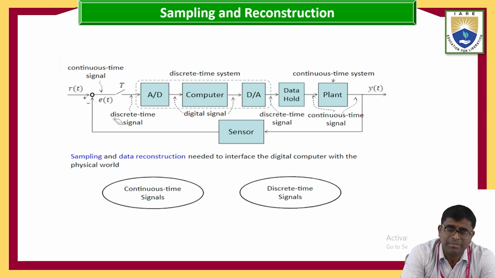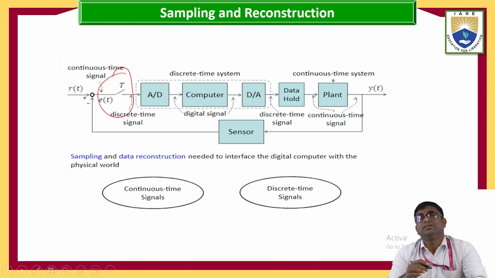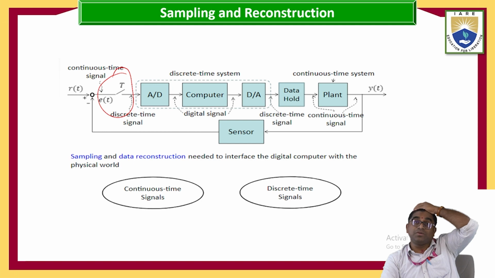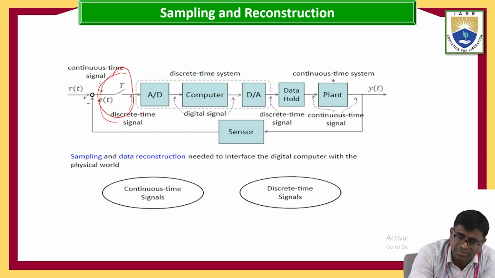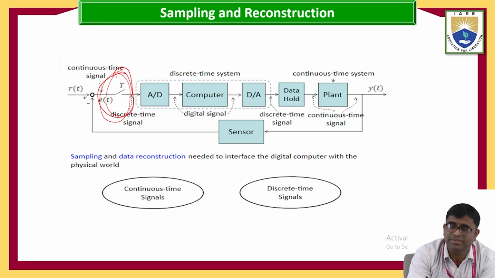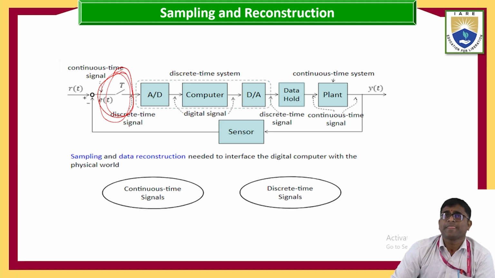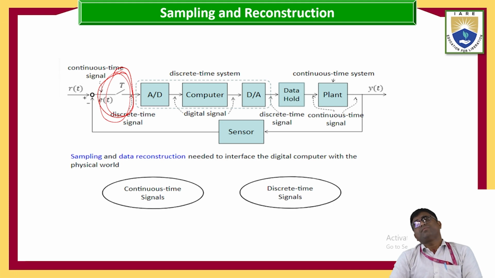By using this sample switch, it becomes a discrete time signal. This part is a sample circuit, so E of t, I am going to convert the continuous time signal into a discrete time signal. That is nothing but a sampled signal. Then it is given through feedback to the A to D converter.